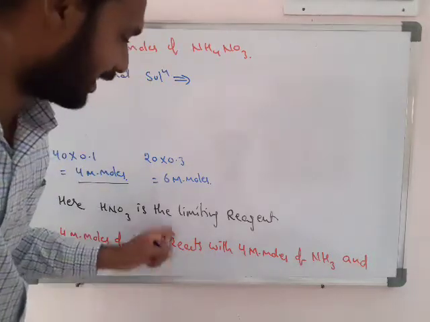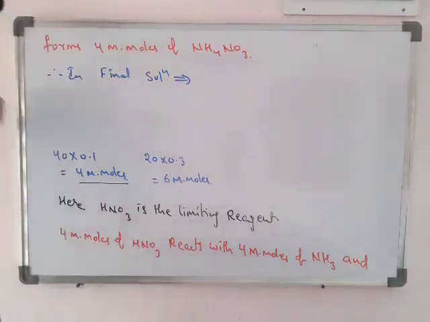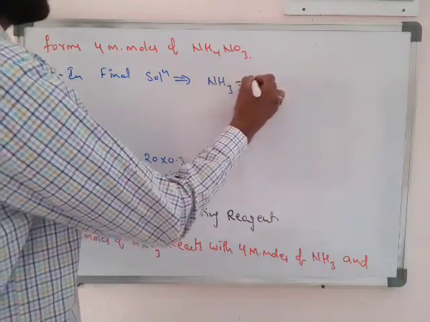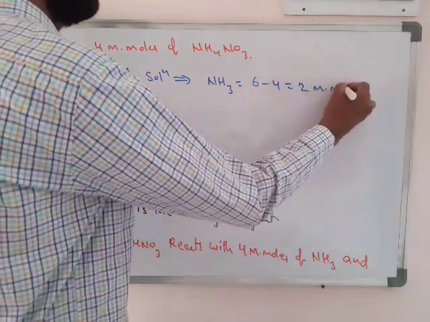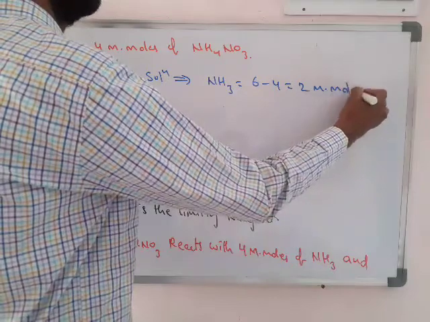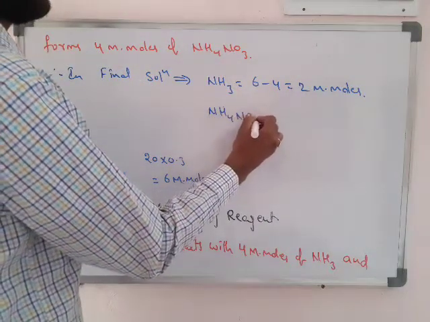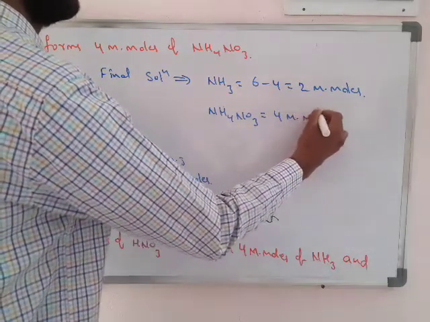So unreacted ammonia will be how much? 6 minus 4, that is 2 millimoles. In final solution, ammonia is 6 minus 4, that is 2 millimoles. Then what about ammonium nitrate? What is the product here? The ammonium nitrate formed is 4 millimoles.